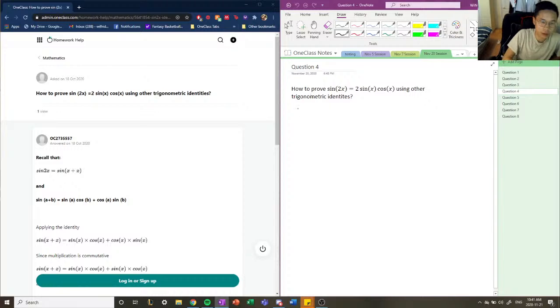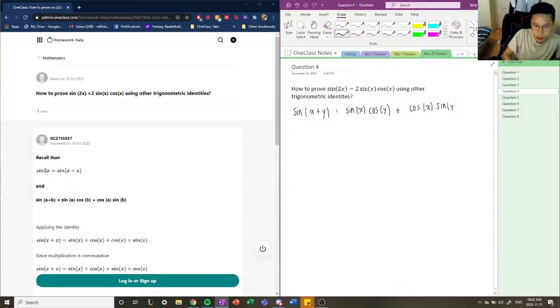So we have to remember this very important trigonometric identity, that the sine of x plus y, the sine of two angles added together, is equal to sine x cos y plus cos x times sine y.